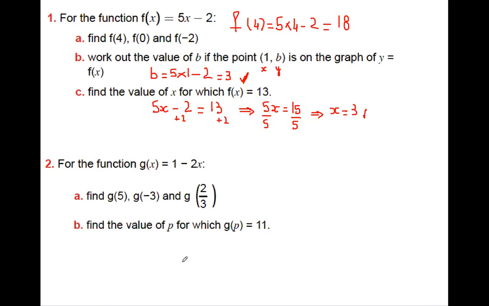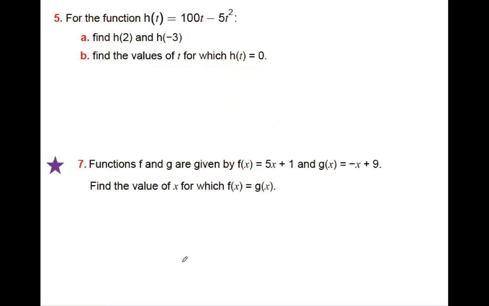That was question 1, 2. Question 5 and 7. So again, for 5, we've got h of t is 100t minus 5t squared. Find h of 2, so you just replace t with 2, and h of -3, so t. Okay.